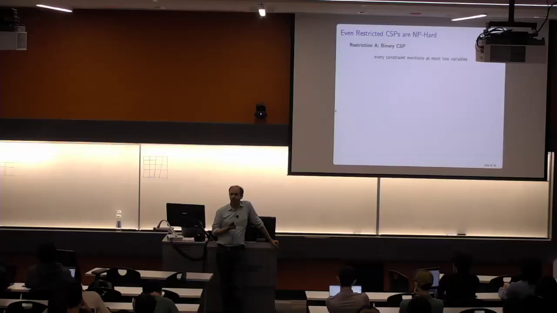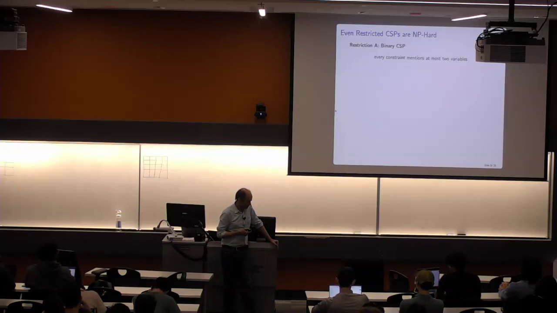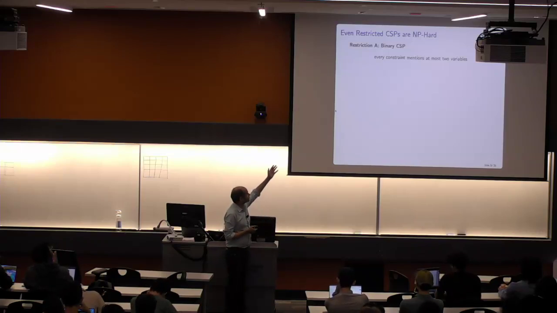In particular, these problems are what are called NP. So NP are the class of problems where checking is easy, but finding one, we don't know of any efficient algorithm, polynomial time algorithm so far. The best known algorithms are exponential. And these problems remain NP even if you look at some restrictions.